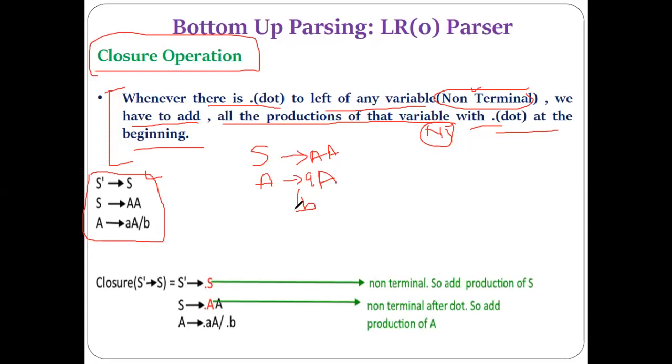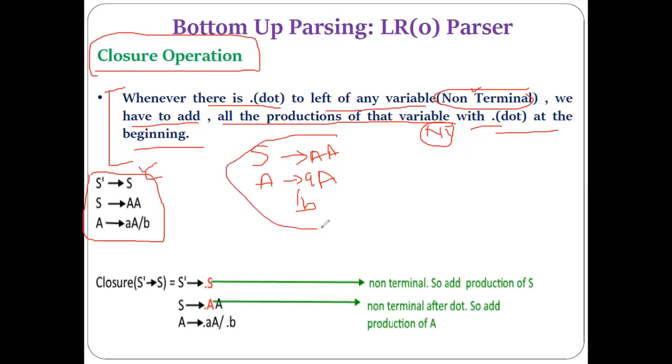I told you that for doing the LR parsing, the first thing we have to perform is to convert the given grammar into the augmented grammar. That is what we have done here, so the augmented grammar will be like this for this grammar.